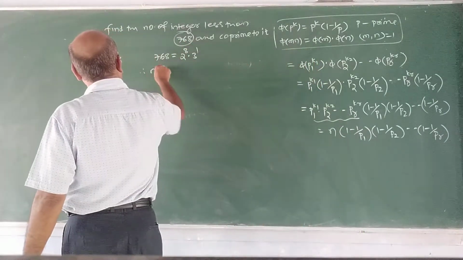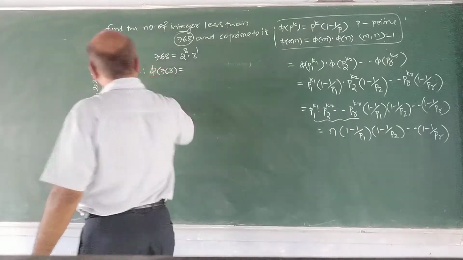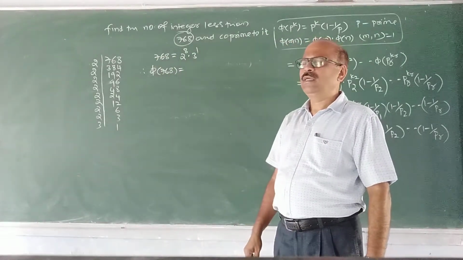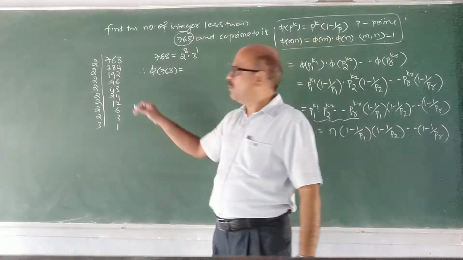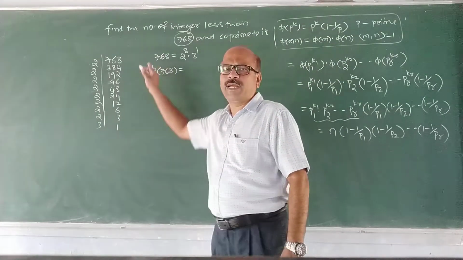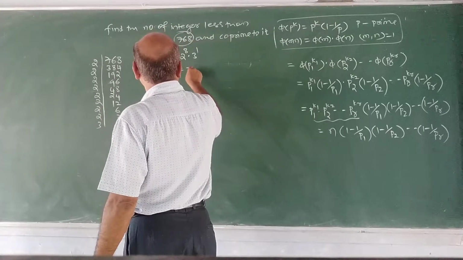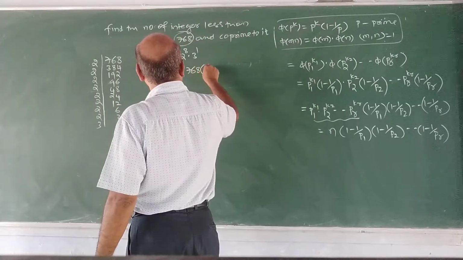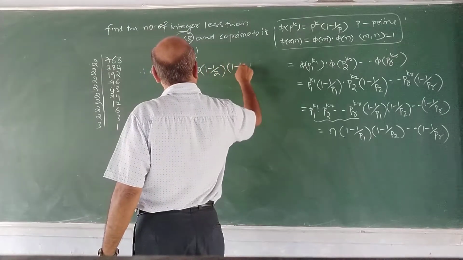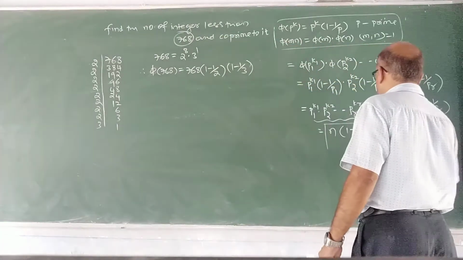Therefore, phi of 768, what is this phi? Euler's phi function. Number of integers less than 768 and co-prime to 768 is 768 into 1 minus 1 upon 2, 1 minus 1 upon 3. This is the formula here: N is 768.